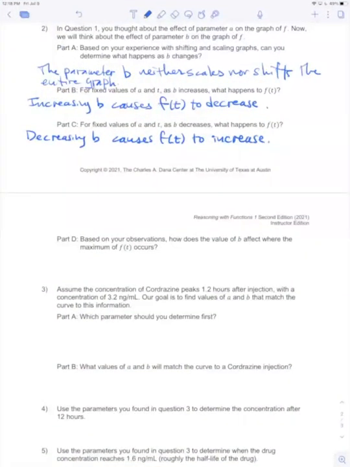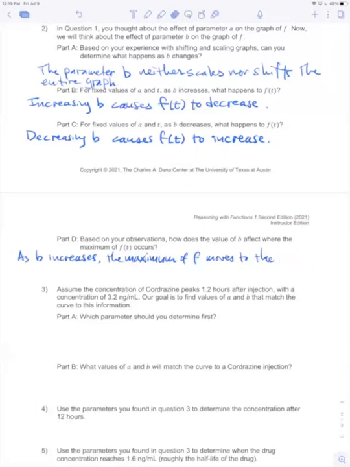As B increases, the maximum of f moves to the right. Whoops, that's not right.